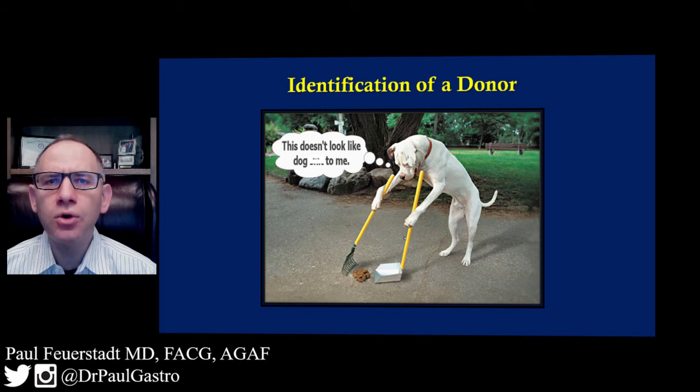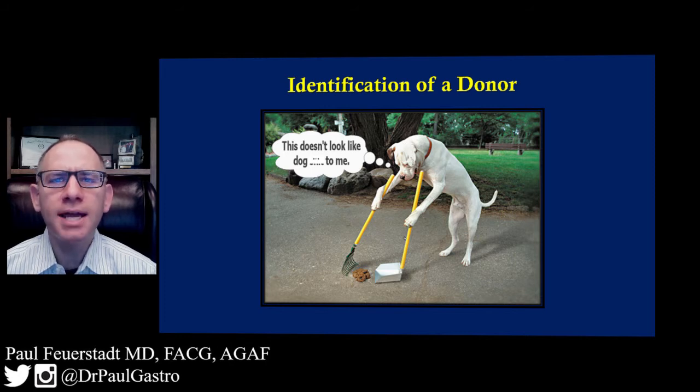If the potential donor passes this initial screen, they are then taken through a universal blood donor questionnaire. And this is a broad overview of assessing the risk of transmission of various infections through the microbiome.